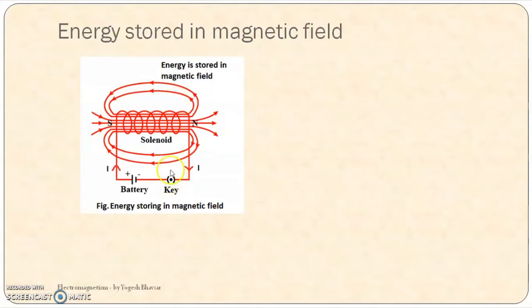And here is a key: if we switch this circuit on and off, there will be a changing magnetic field. Due to that, in the surrounding of this coil, there will be an increasing or decreasing effect of the magnetic field. So in the coil, there will be a storage of energy in terms of the magnetic field.